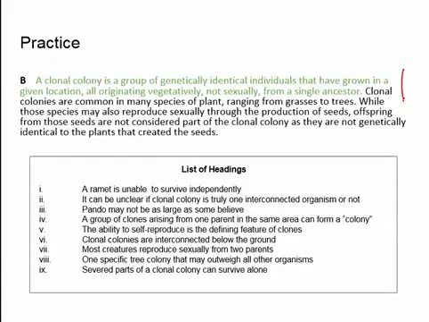A clonal colony is a group of genetically identical, okay, identical meaning the same, individuals that have grown up in a given location, all originating vegetatively, not sexually, from a single ancestor. Okay, so this is a definition of clonal colony, and it is a group of individuals that are exactly the same, growing up in the same location, and they come from one single ancestor.